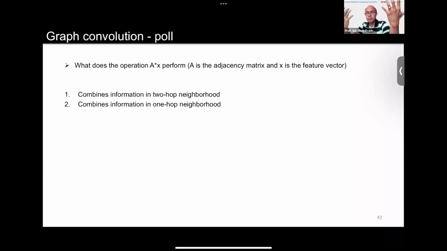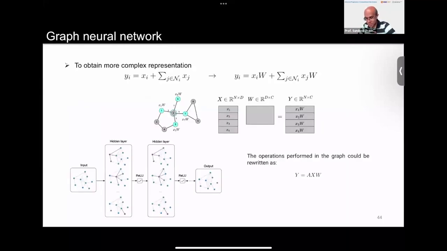It is doing multiplication and addition, but the addition is not over the entire set of nodes, but it is defined over the neighborhood, which nodes are adjacent to those nodes. So AX combines information from one hop, A squared X combines information from two hops, and so on. Do you have any questions so far at this point?